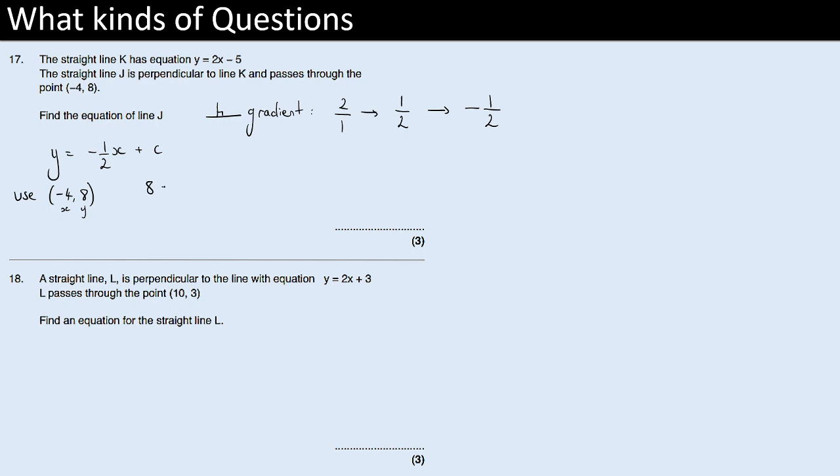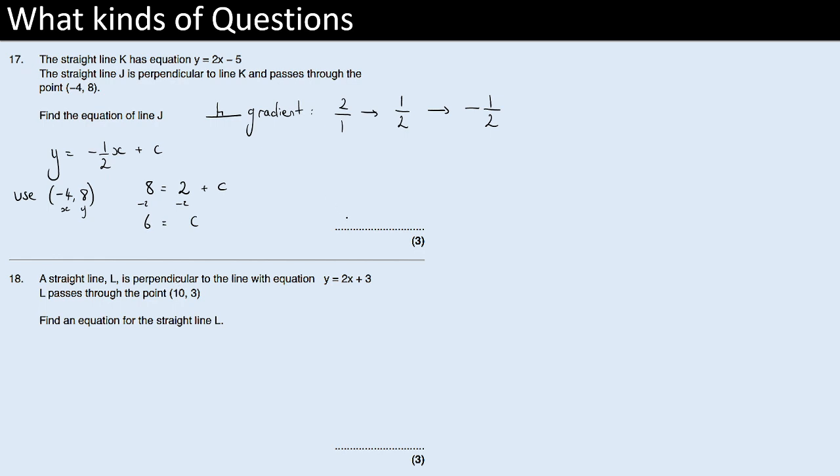So 8 is equal to negative a half of negative 4, which is going to be positive 2, plus some number. And again, as I said in part 1, it doesn't take a genius to realise that c should be equal to 6, because we can take 2 off of both sides.